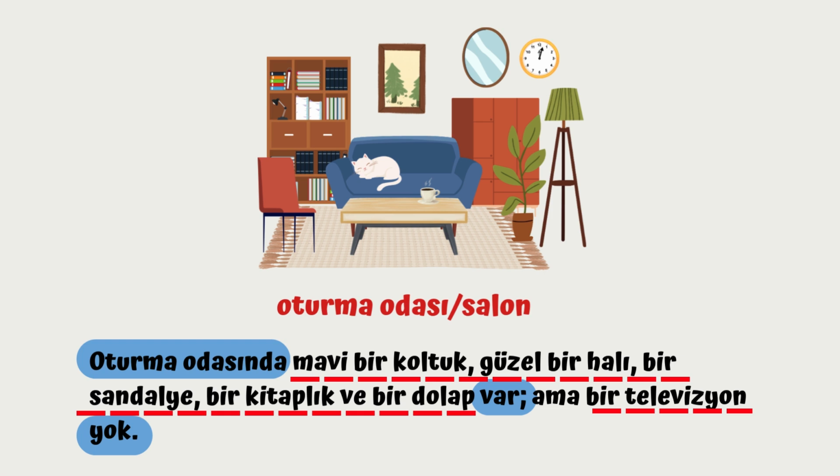Oturma odasında mavi bir koltuk, güzel bir halı, bir sandalye, bir kitaplık ve bir dolap var.